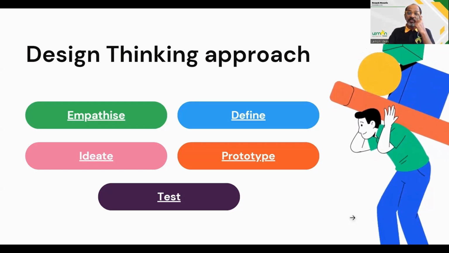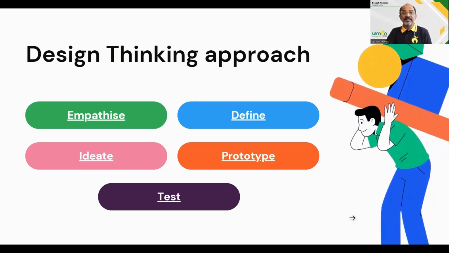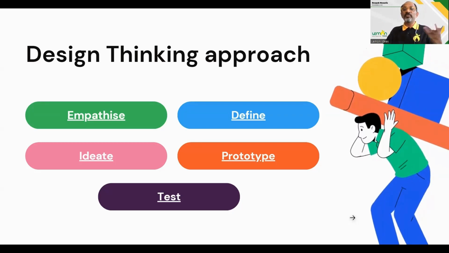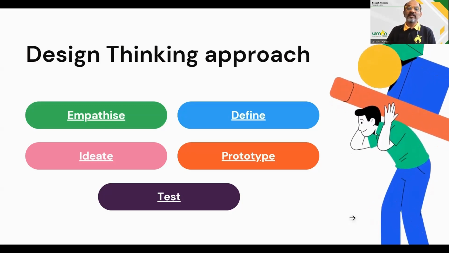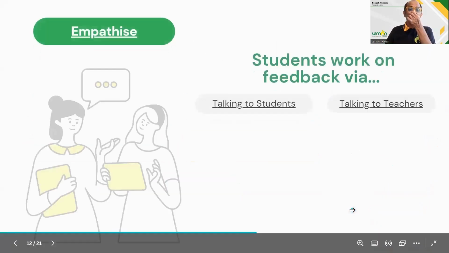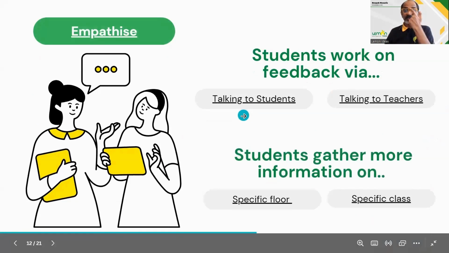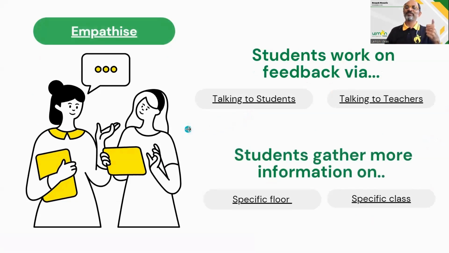So very quickly now we'll move to the steps again and see how the way we solved the problem is exactly design thinking. Let us look at the first step, empathize. The first thing the students did was to get into more details. They were talking to students, they were talking to teachers, they were empathizing with people concerned with the problem.